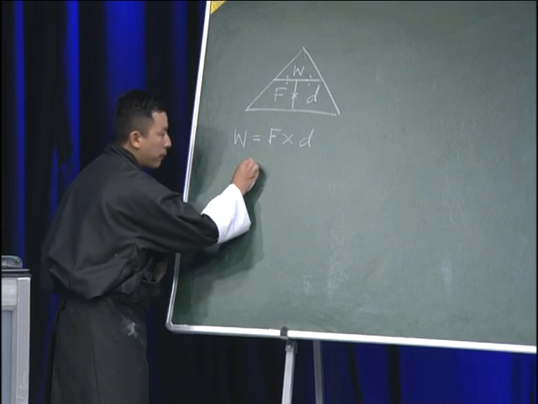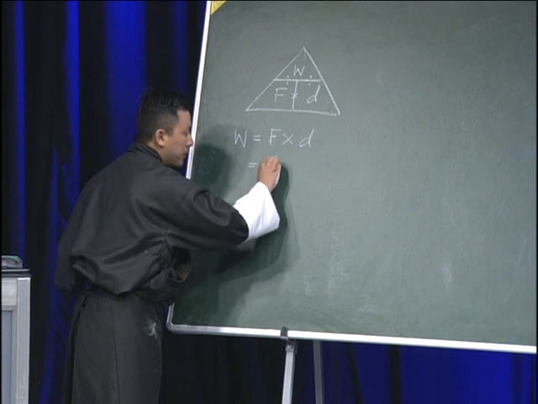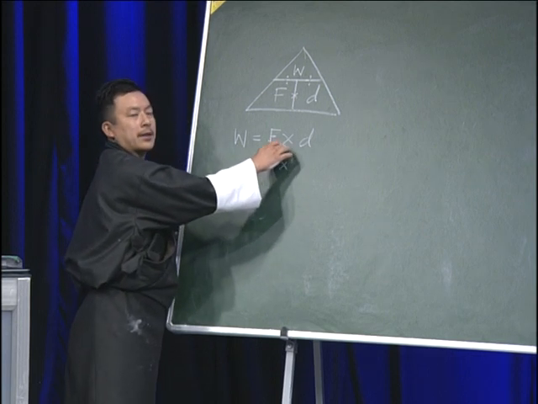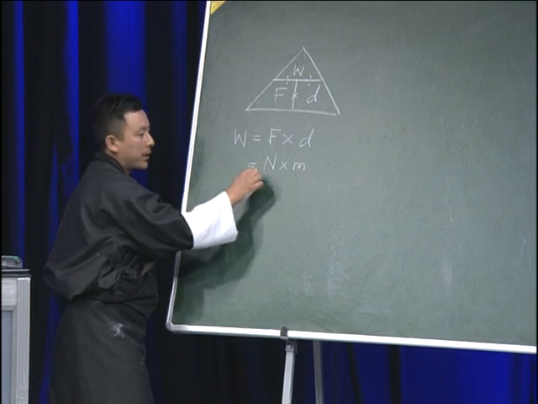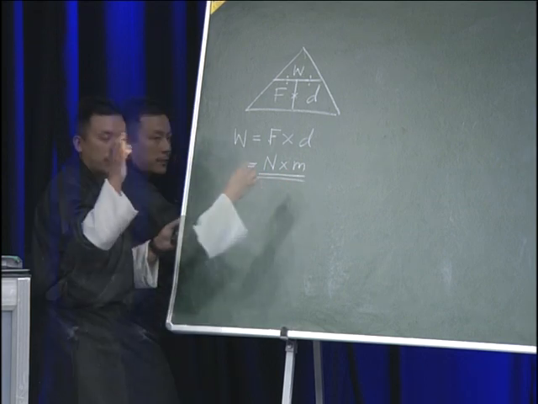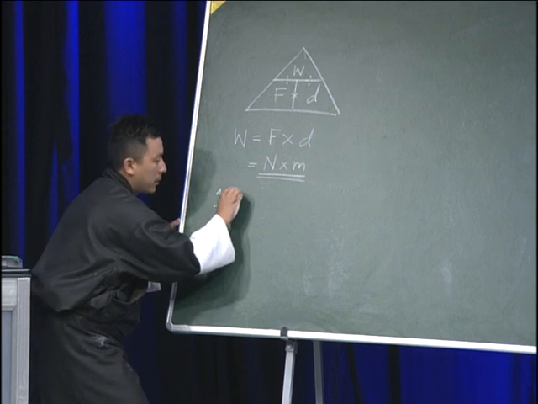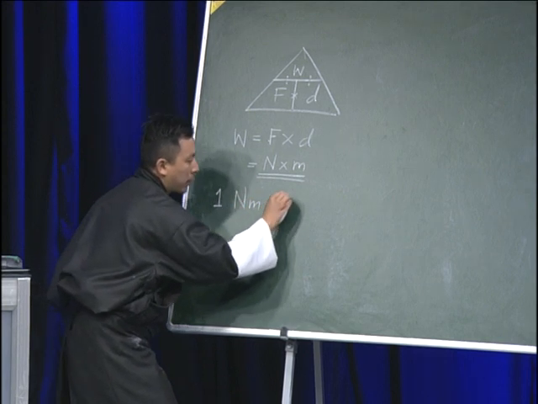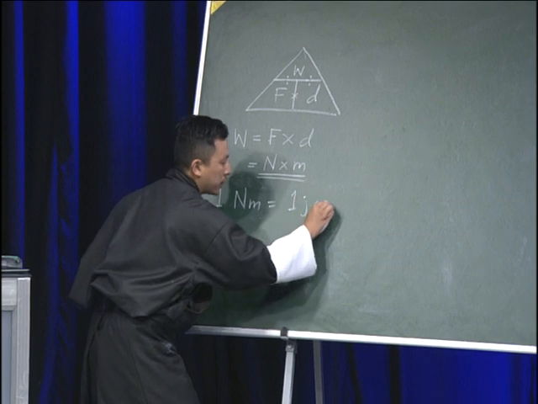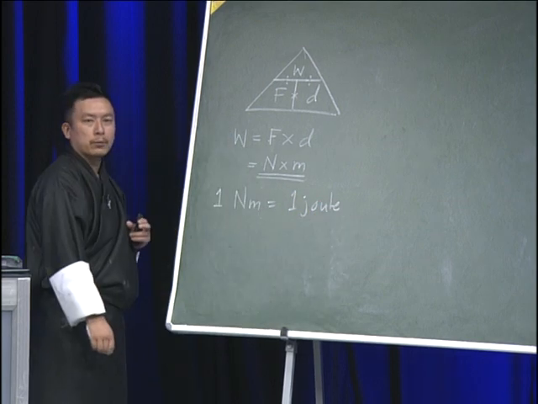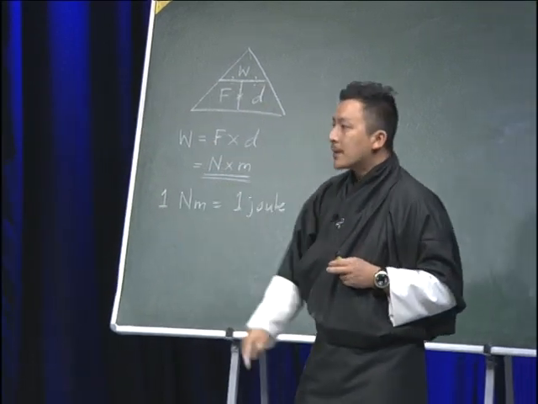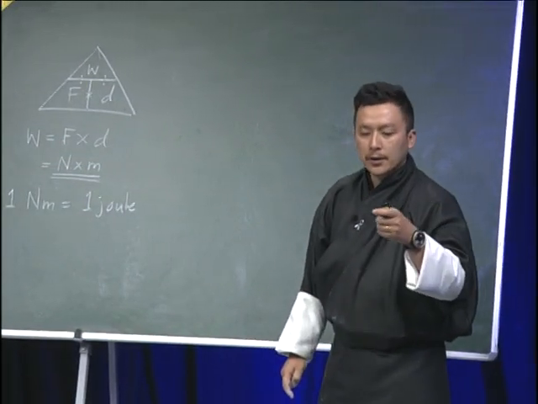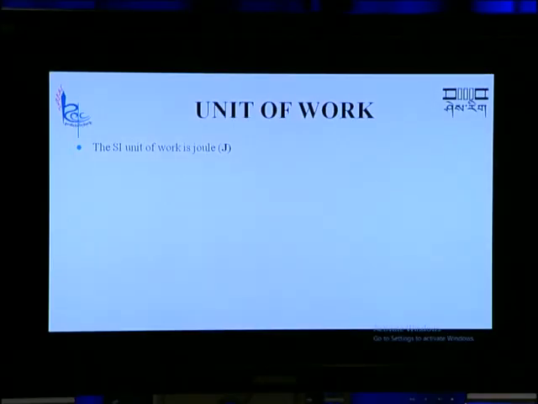Now the unit of force is Newton and the unit of displacement is meter. So our unit for work done becomes Newton meter. 1 Newton meter is equal to 1 joule, which means that the SI unit of work done is joule. That becomes the unit of work done.